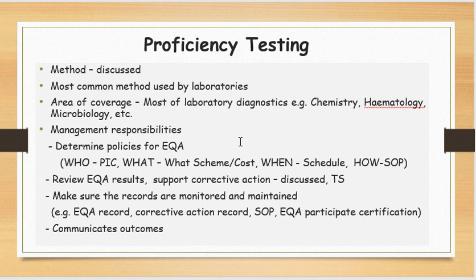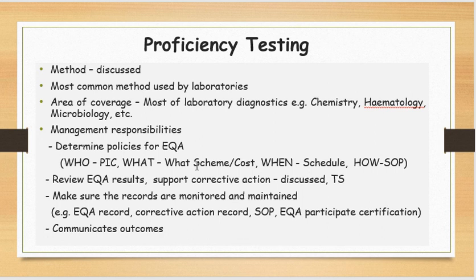Meaning that the management should determine the policy for EQA, and then determine the person who is responsible for managing the EQA activity. Usually, scientific officers are responsible for carrying out the task, and the management also needs to determine or approve what EQA scheme they want to participate in, because there are many EQA schemes out there.